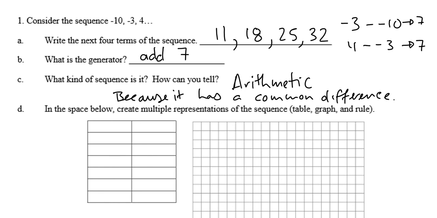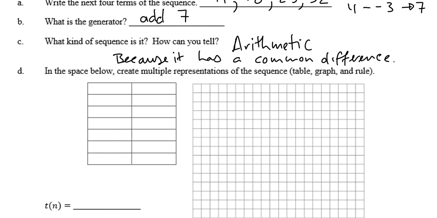Below it says, in the space below, create multiple representations of the sequence: a table, graph, and a rule. If you'll recall, in a sequence we of course restrict the domain to just the ordinal numbers or the natural numbers. So I could talk about the first term, the second, the third, the fourth, the fifth, and the sixth term, and each of these has a value.